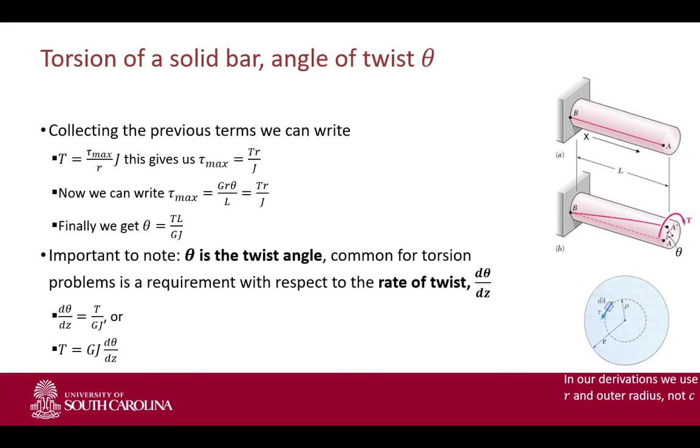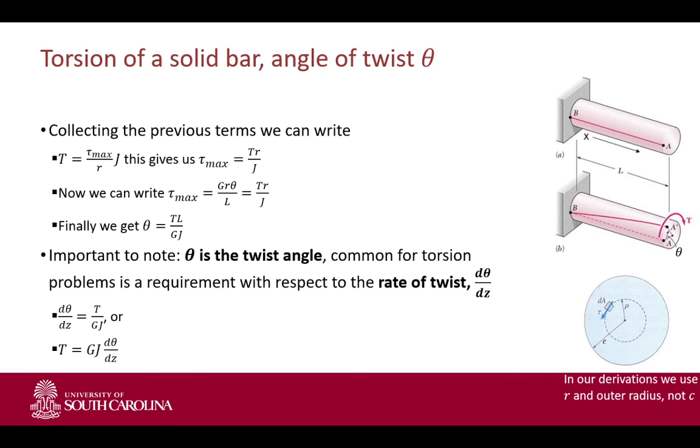So your structure can only twist a certain amount. Any more twist than a prescribed angle of twist, it might fail, or you get a complication in that you damage something. So that's the reason why that's important.